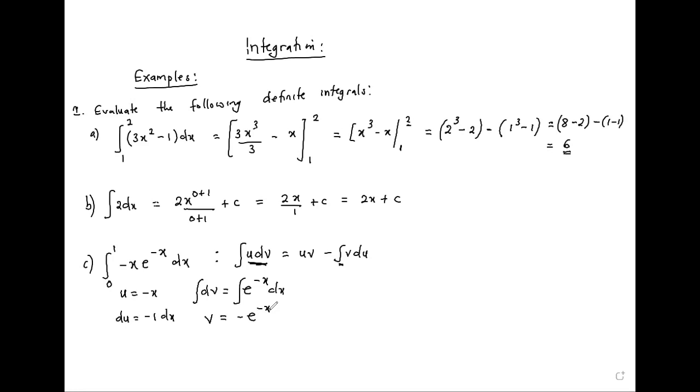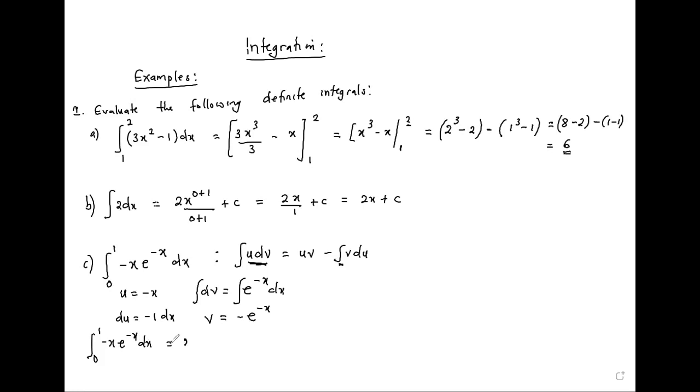Since the integral of e to the power negative x is supposed to be e to the power negative x over -1, and when you're dividing by -1, you just take a negative from there. Then we arrange: from 0 to 1, negative x e to the negative x dx is equal to uv, negative x by negative e to the negative x.